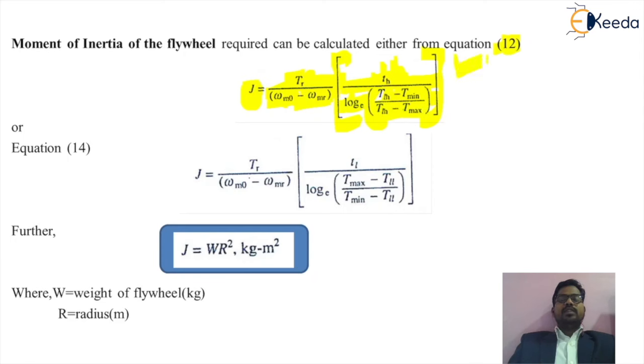From equation number 12 we can get the value of J, or from equation number 14, which again gives the value of J.